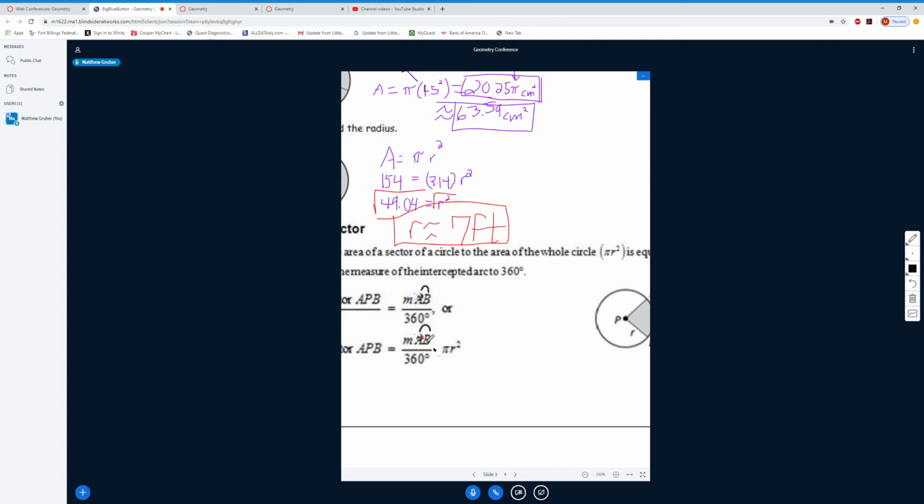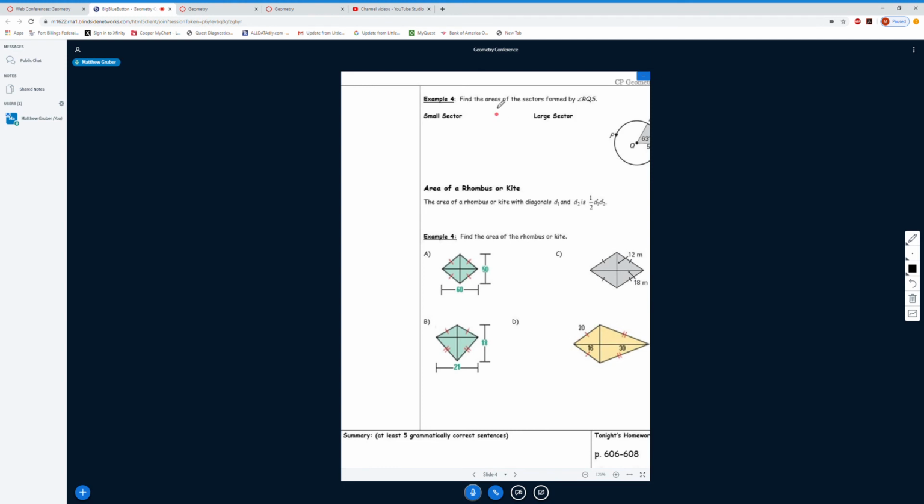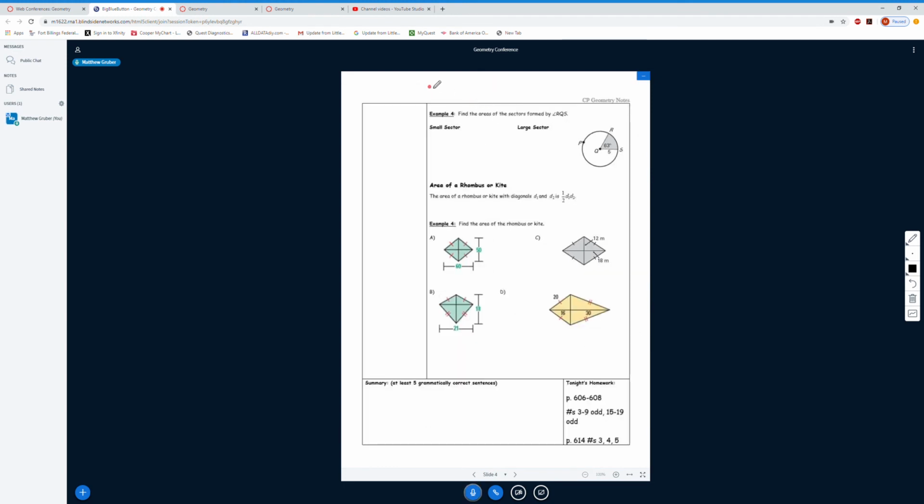So measure of the angle of the sector over 360 times pi r squared. So let's use that formula. I'm going to rewrite it real quick, just so we remember: the area of that sector is the degree measure of the arc over 360 times pi r squared.